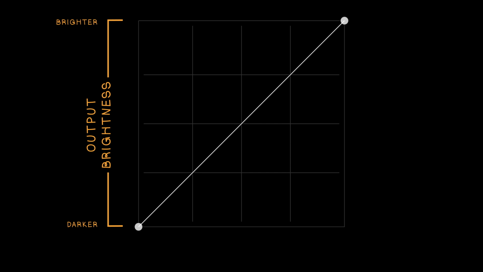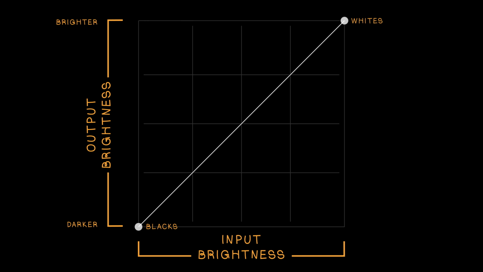The horizontal axis represents the original tonal values of our image, or the input values. At the very left of this graph, we have our blacks, and at the very right, we have our whites. The very middle of this graph is where our midtones are represented.